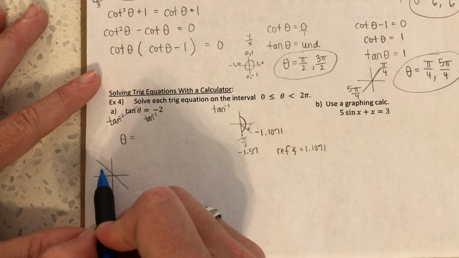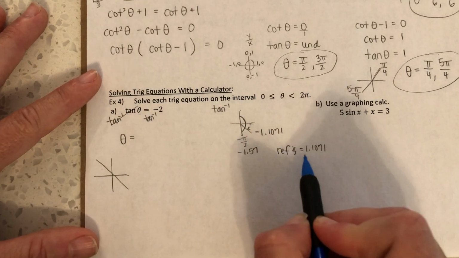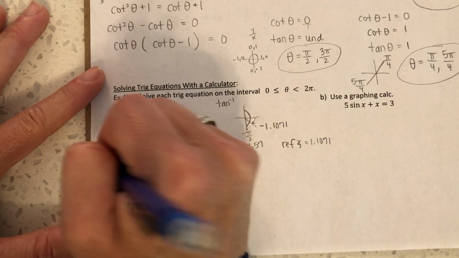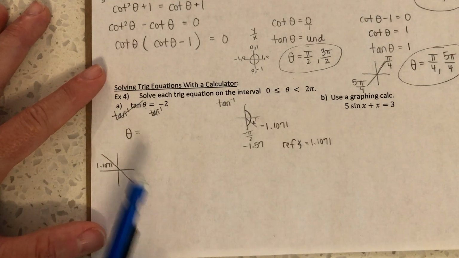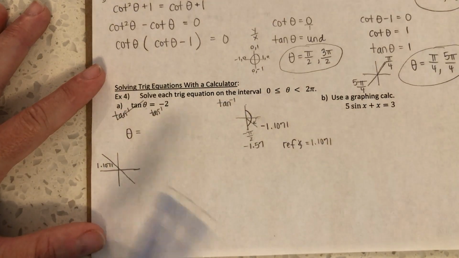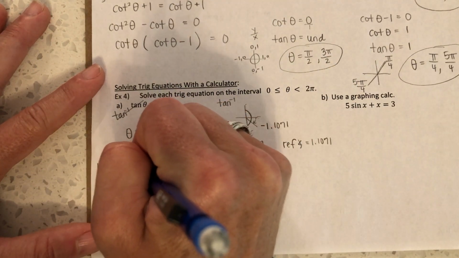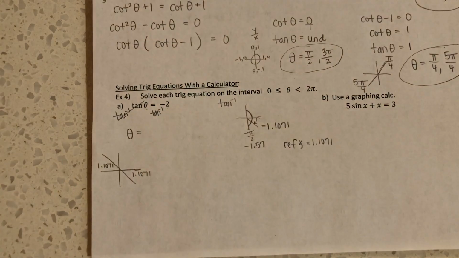So there is an angle in quadrant 2 that has a reference of 1.1071 that makes this true. And there is an angle in quadrant 4 with a reference of 1.1071 that makes this equation true.